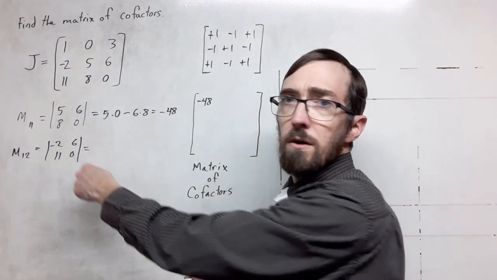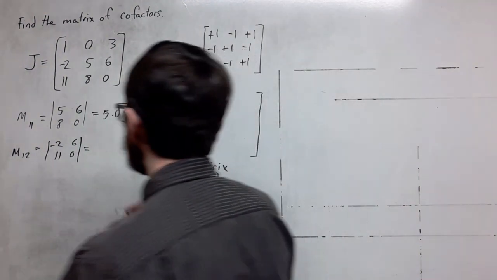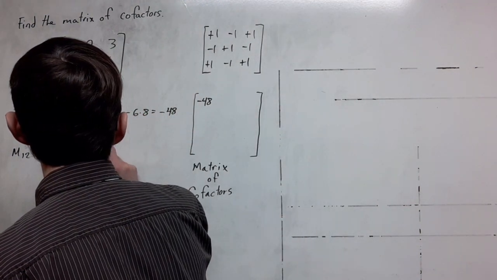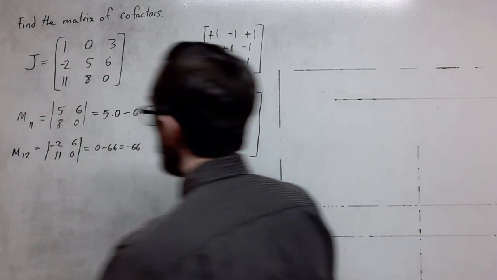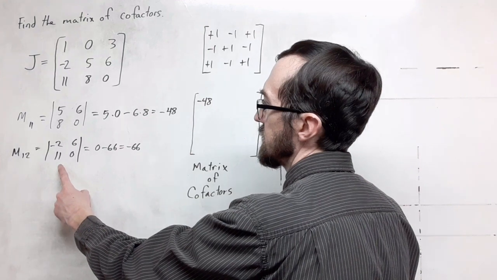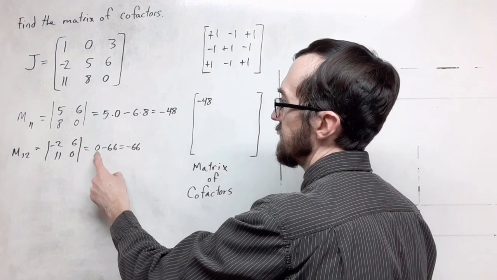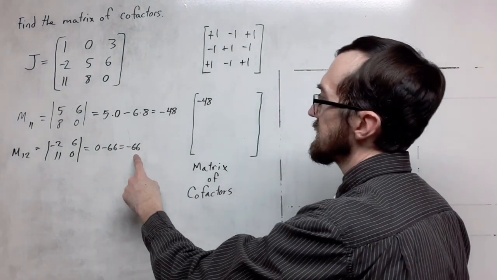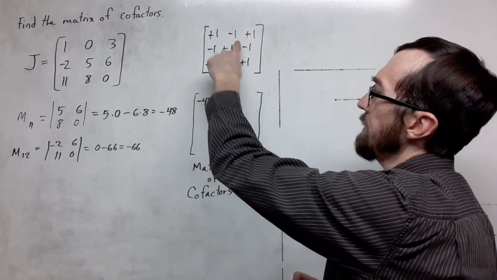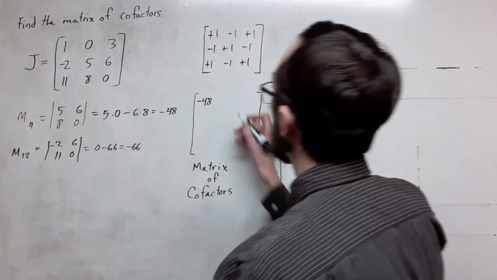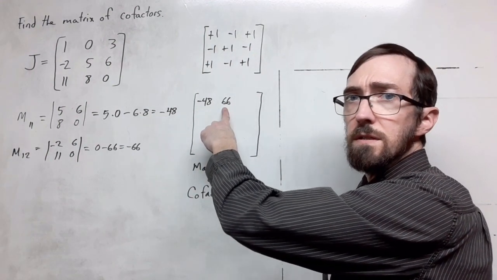Again, we're going to multiply on the main diagonal and subtract the opposite diagonal. We get -66 here for the determinant. 6 times 11 is 66, and we're subtracting that from 0. This is going to go into this position. We see from our reference that this should be multiplied by a -1. So this is going to come out to be a positive 66 in the 1, 2 position.